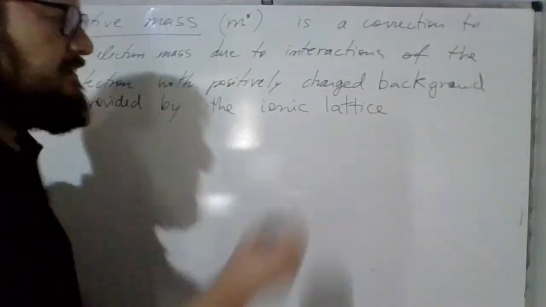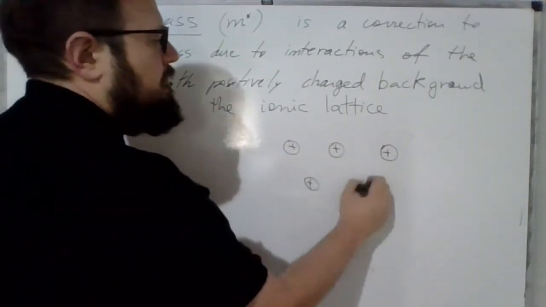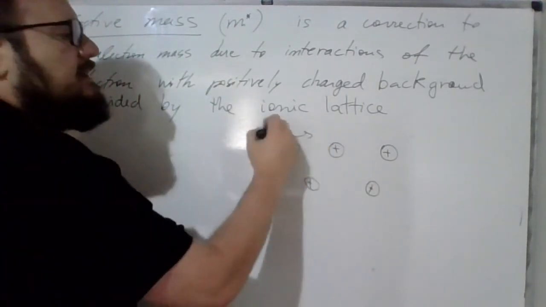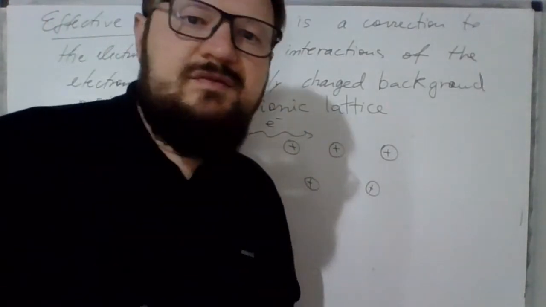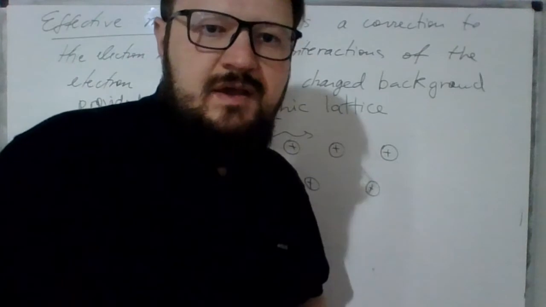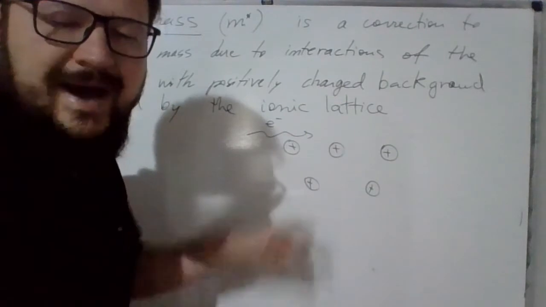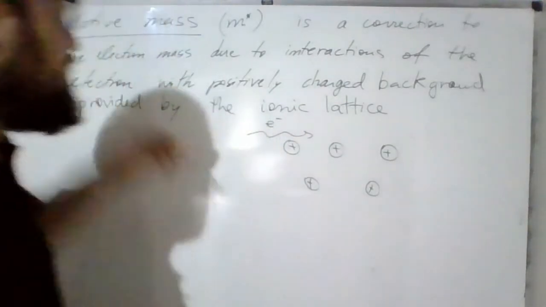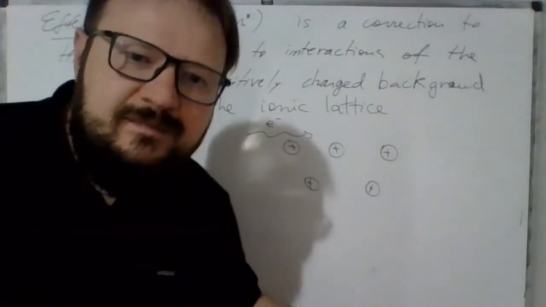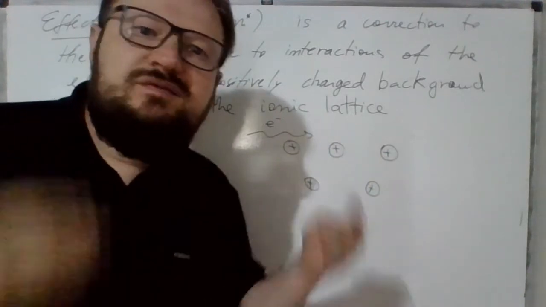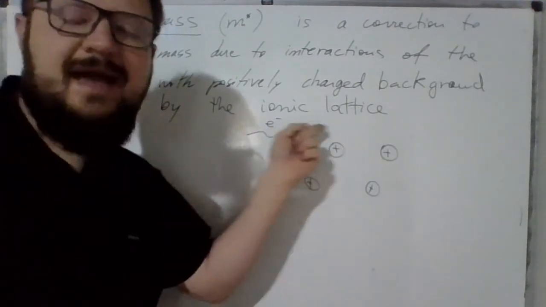You have a lattice with positive ions, okay? And electrons interact here with these ions, but a way to not include this into your problem is to replace the whole scenario by an effective mass. So another way to put that is the effective mass is a way to take into consideration the electron interactions with the background, with the lattice.